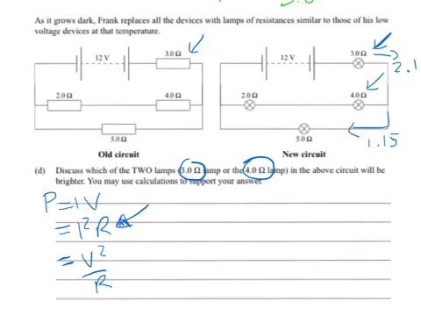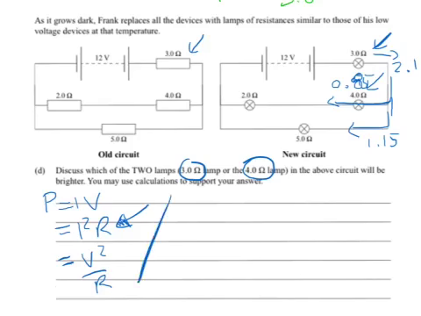So the current going through the 4 ohm resistor would have to be the remainder, because the current splits up, part goes here, part goes here. So that would leave around 0.85 amps going through there.